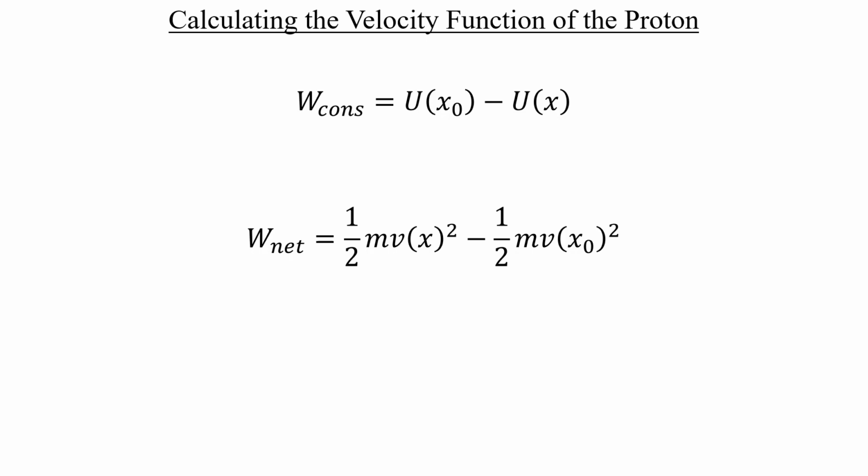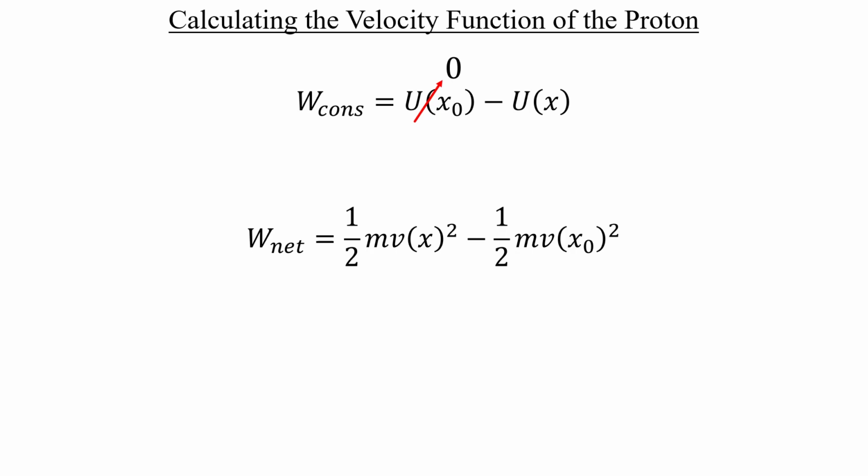We calculated the potential energy at the point x0 back in part A, which was 0. So let's get rid of that term. Additionally, we released the proton from that point, and that language implies that it starts from rest.